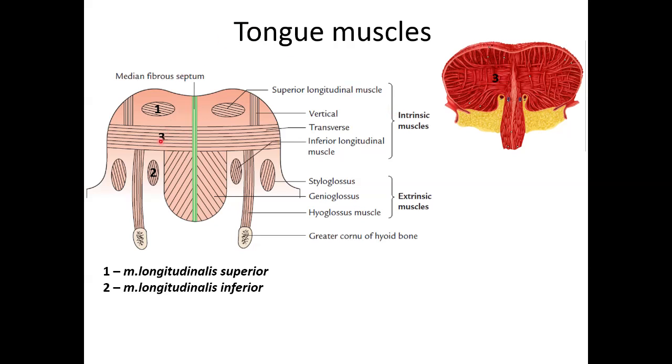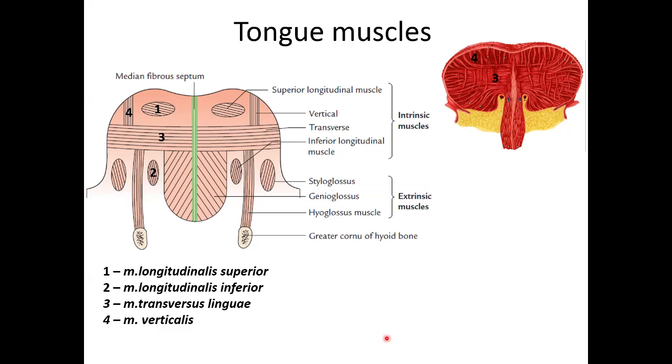Number 3, here it is, it's musculus transversus linguae. Here it is in this scheme. When it contracts, tongue changes its shape and makes a groove in superior surface. And number 4, here it is. It's vertical muscle, or musculus verticalis.